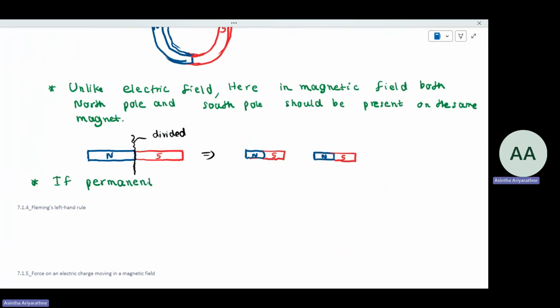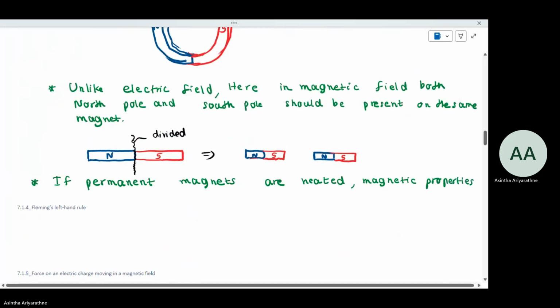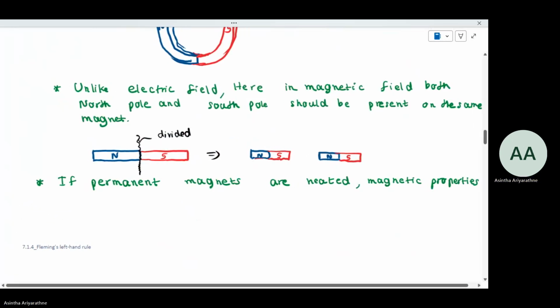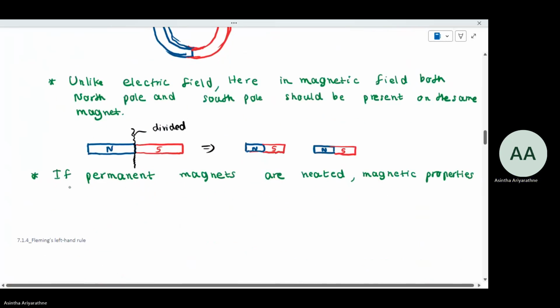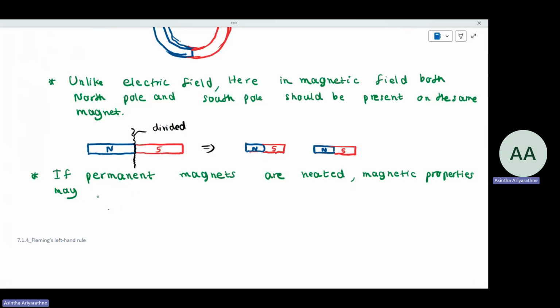If permanent magnets are heated, magnetic properties may be lost.